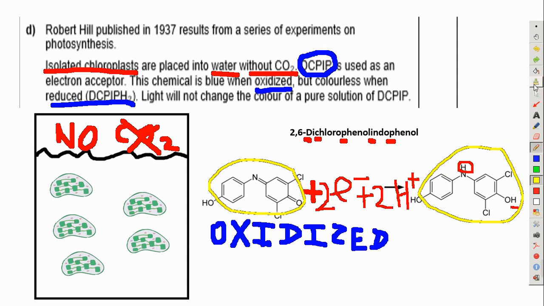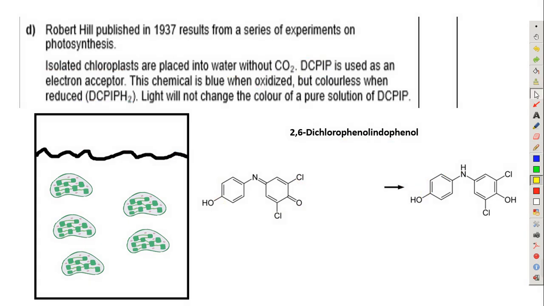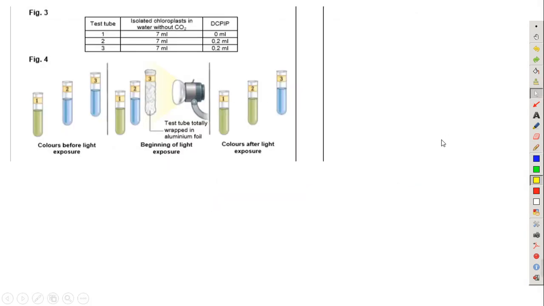So let's move on to more detail of the experiment. We've got 3 tubes. In each tube we've got, as we said earlier, water without CO2 and the isolated chloroplasts. Then it mentions if there is DCPIP or not. In tube 1 there isn't, and there is DCPIP in tubes 2 and 3.